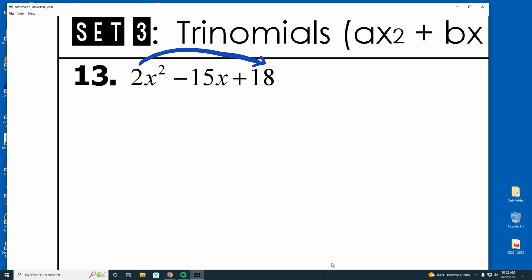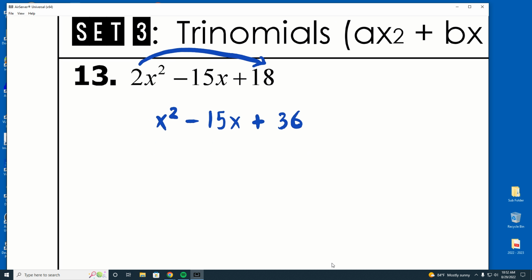So we're going to ignore the A and make this an easy factor. Instead of 2x squared, we're just going to write x squared. We're going to leave it minus 15x. But we're going to change that last term to A times C. What is 2 times 18 again? 36.